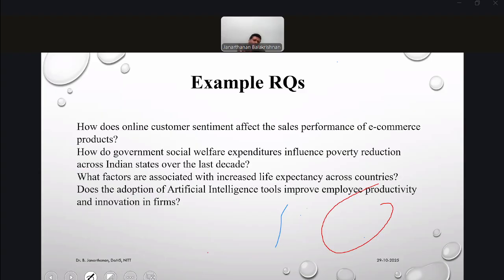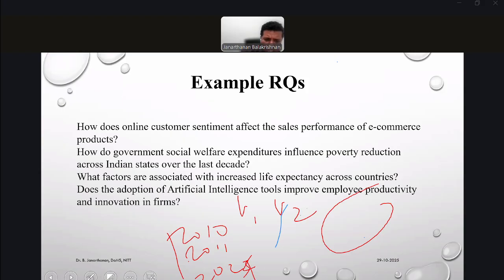There is a variable called government social welfare expenditure, which is available in India data. That is available on indiadata.gov. You can download it, and the poverty data is also available. You can use panel data. What is panel data? For example, variable 1, variable 2 in 2010, 2011, likewise till 2024, for the last 15 years.